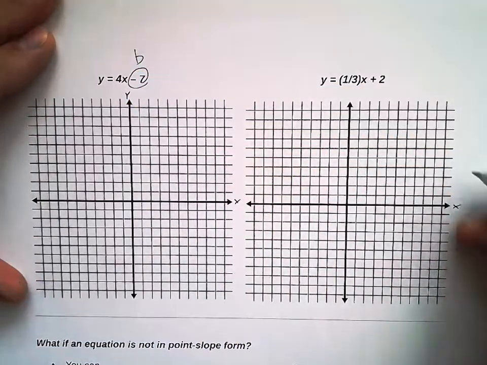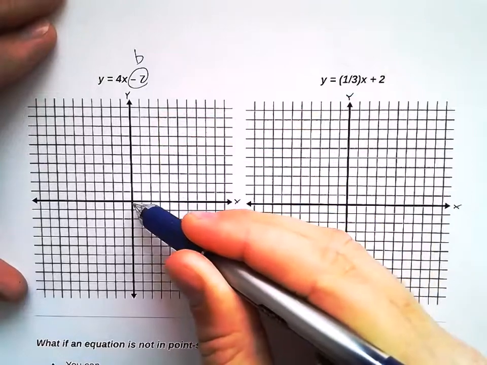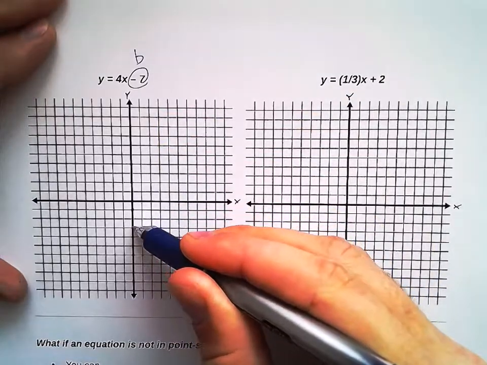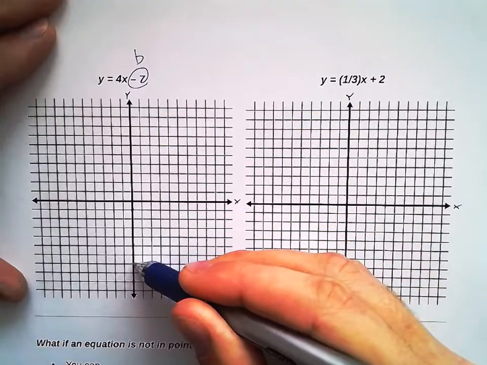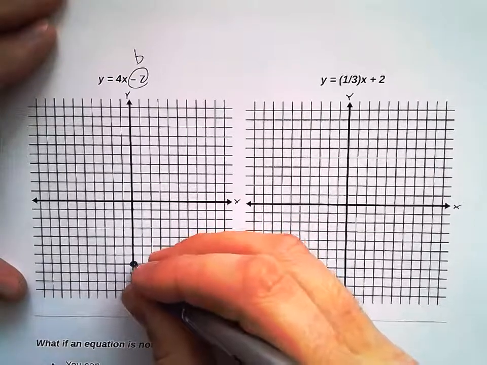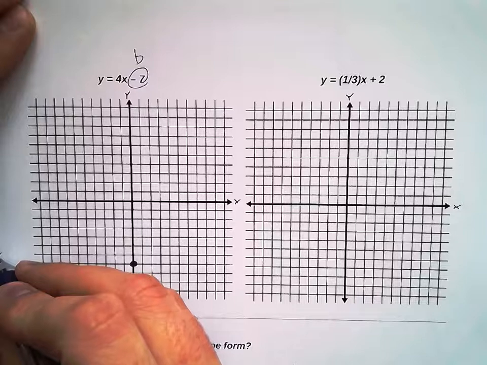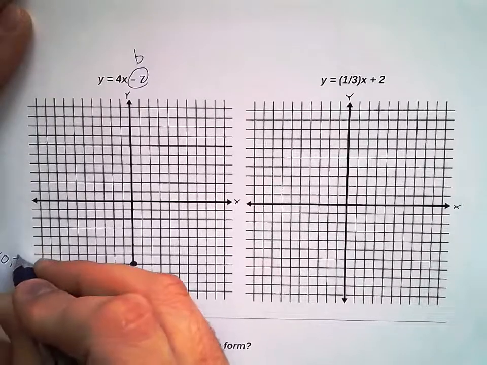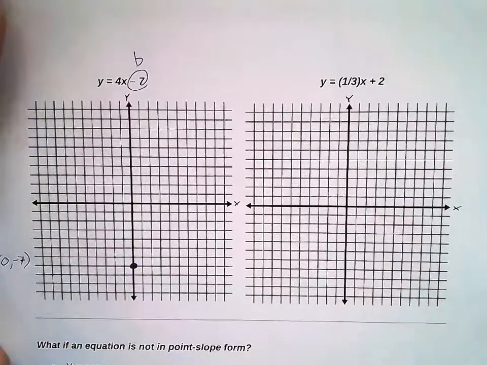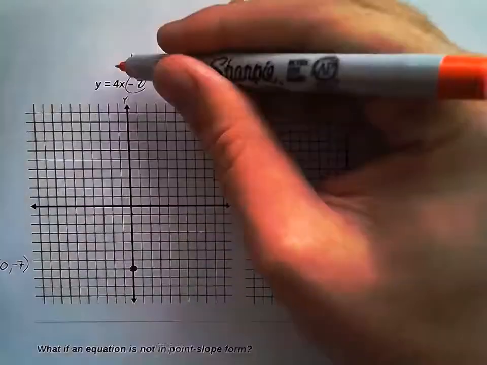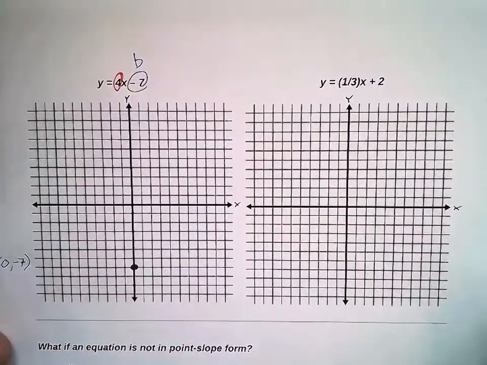Label the x and y axes here. So y being negative 7: 1, 2, 3, 4, 5, 6, 7. And that is the point (0, negative 7).